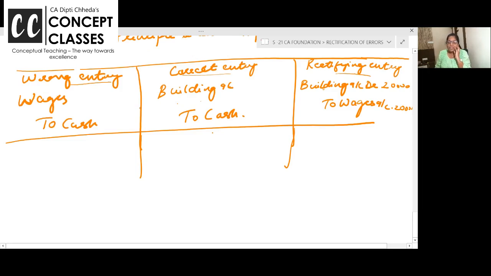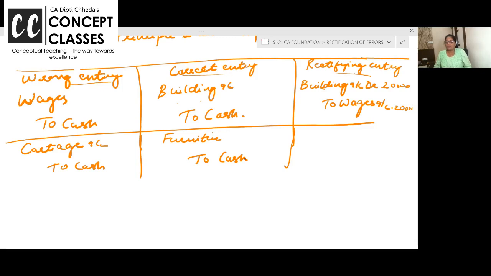Paid cartage for newly purchased furniture and it is posted to the cartage account. Huh? You have paid cartage and debited the cartage account to cash. But actually you have purchased this furniture. To cash. Now rectifying entry.